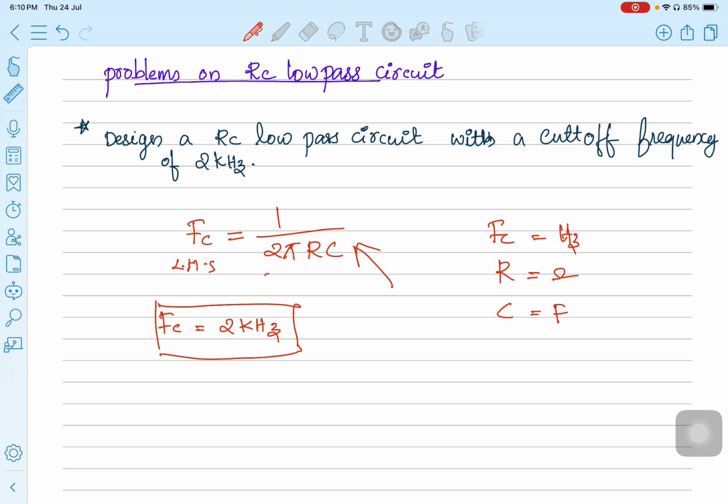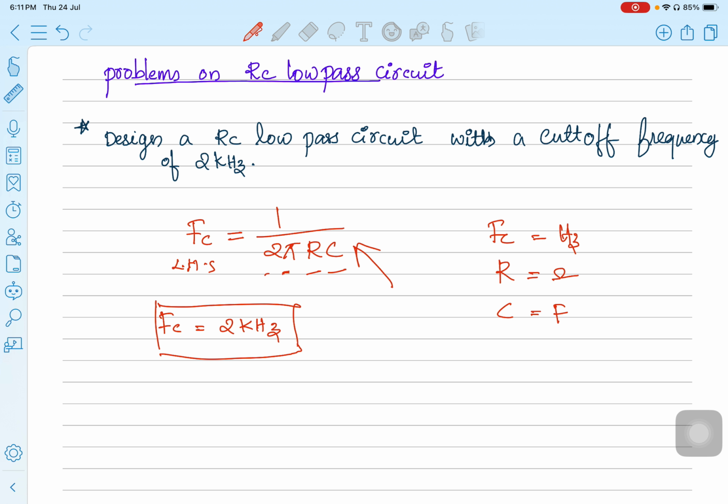So we have 2 into pi, which we know is 3.14, but the R value as well as the C value we don't know. So to proceed in this problem, we need to assume any one parameter value, either the resistance value or the capacitor value.